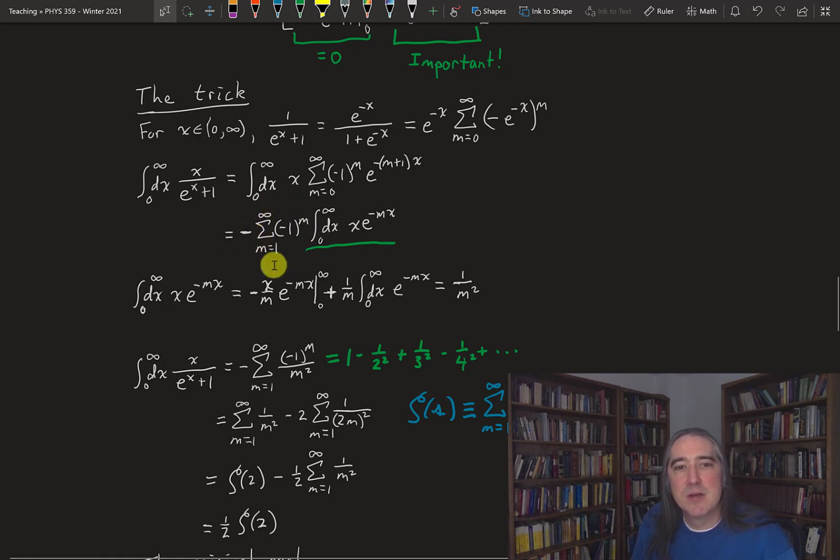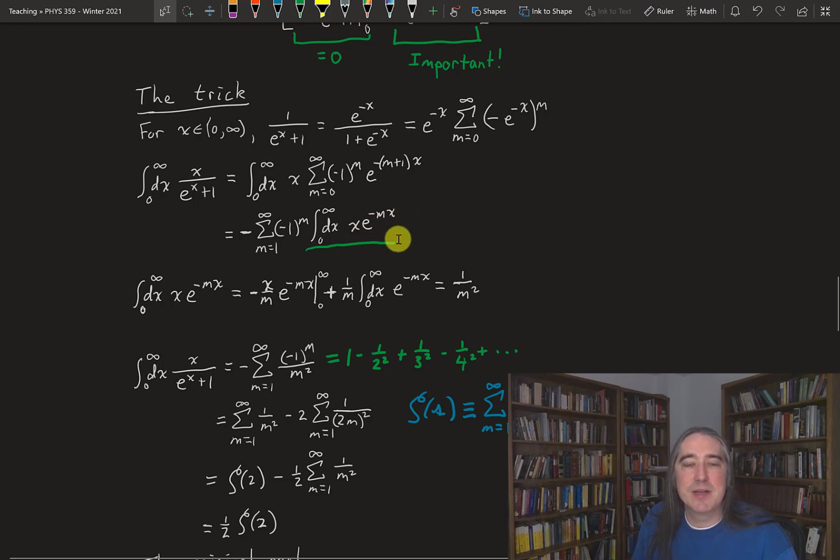So this is minus, we've got the sum, the minus 1 to the m sits out front of the integral, and now our integral just has x times e to the minus mx. This is exactly the case I had in mind before when I said if you've got stuff that's not polynomials times a polynomial, integration by parts is probably your friend. This is a great case, right?